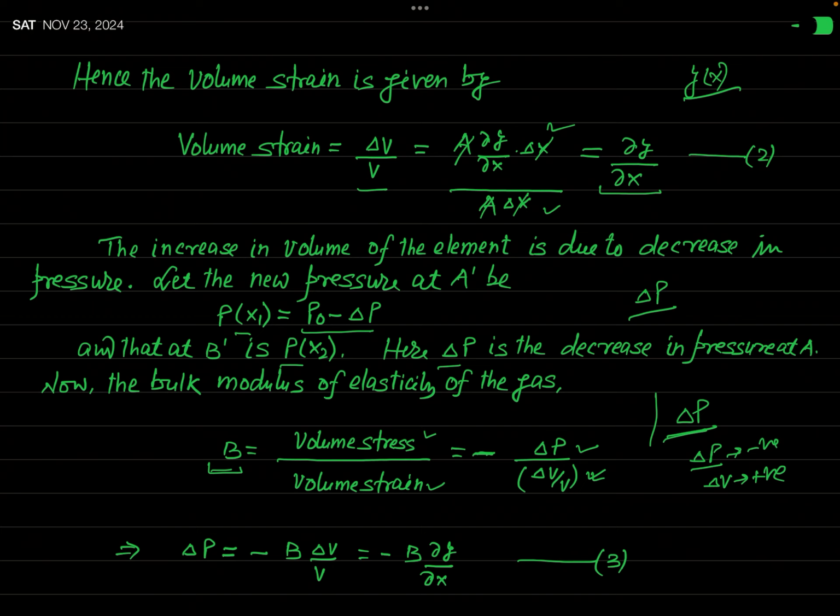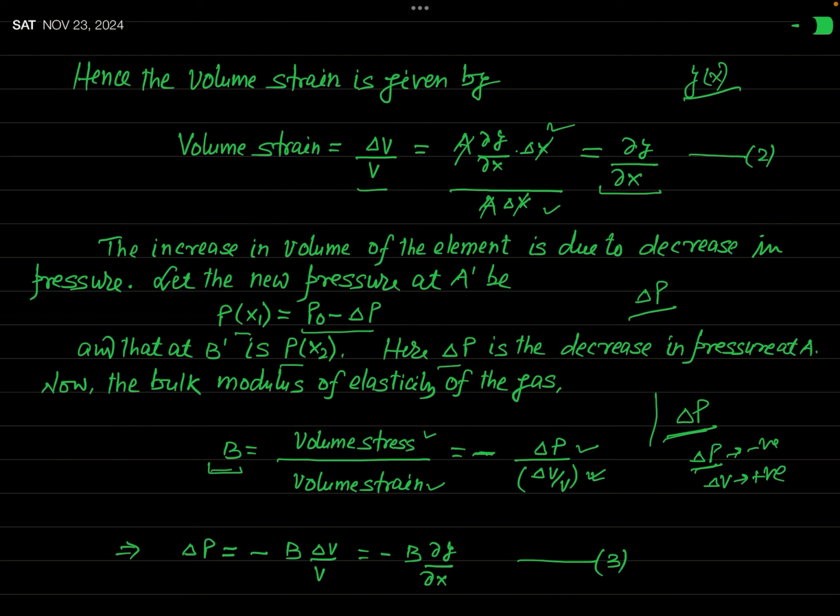Why? Because whenever delta P is positive, delta V will be negative, and when delta P is negative, delta V will be positive. So if we do not use the minus sign, then B will be negative, which is incorrect. For getting the positive value of B, you must take the minus sign.